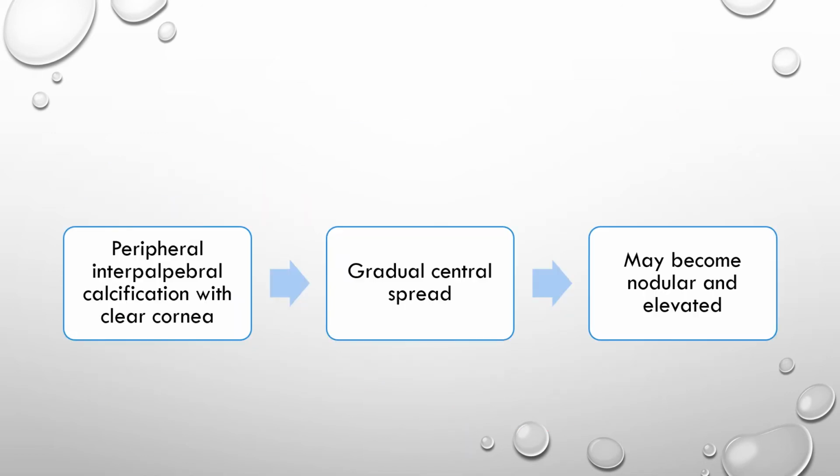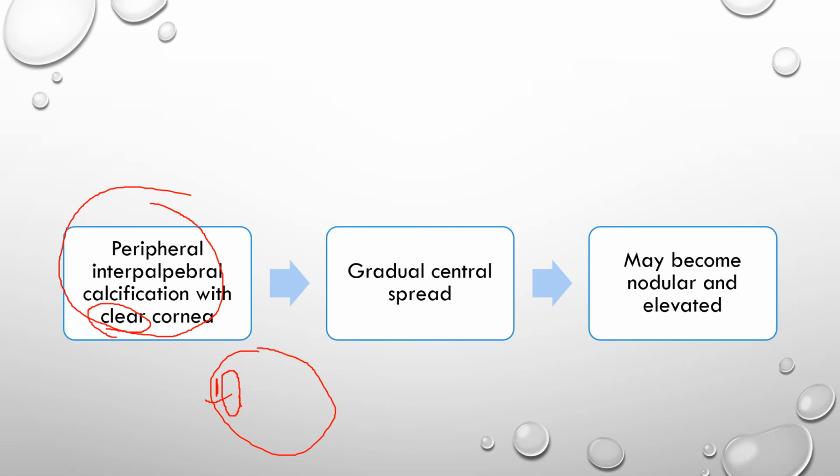So how does it progress? In the initial stages, there is peripheral interpalpebral calcification with clear cornea. Clear cornea means that there is a clear zone between the band-shaped keratopathy and the limbus.